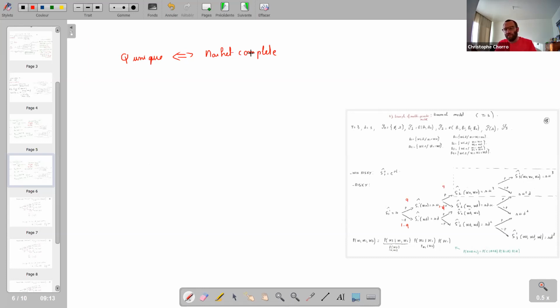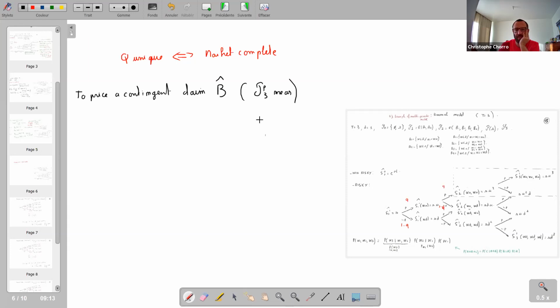So if I want to price and hedge a contingent claim B_T in this market, that is something that is F3 measurable, what do I have to do?